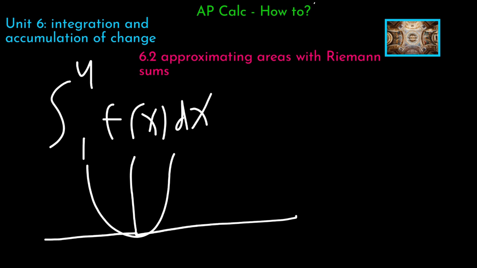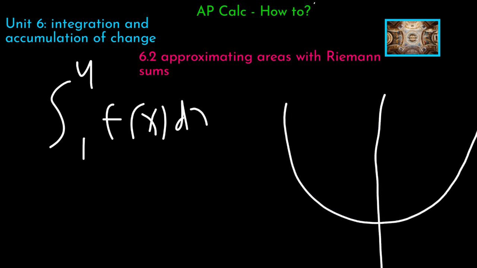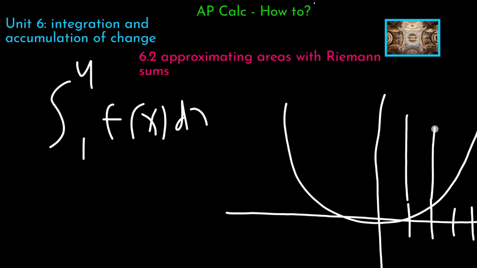The interval 1 to 4 splits into 3 parts, so delta x equals 1. Let's make this a little better: 1, 2, 3, 4. So we'll have 3 rectangles underneath like this, each with a width of 1.